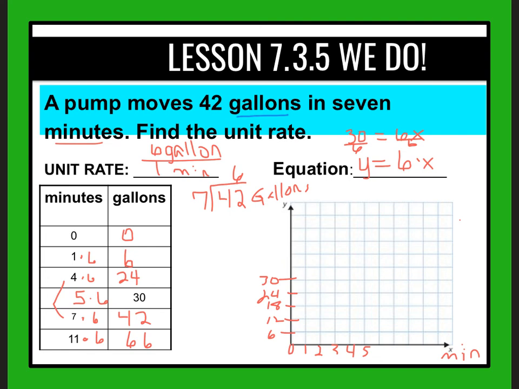I can graph at 0 minutes, 0 gallons. At 1 minute, 6 gallons. At 2, 12 gallons. At 3, 18. At 4, 24. At 5, 30, and so forth. Once again, you see that unit rate right here, always out of 1. That's how you find that unit rate. So I can look at my graph and that helps me find it.